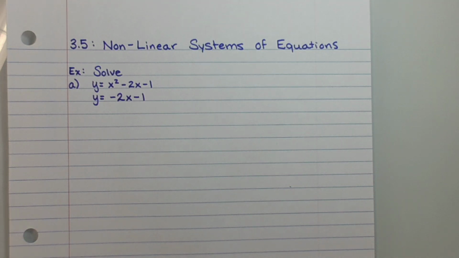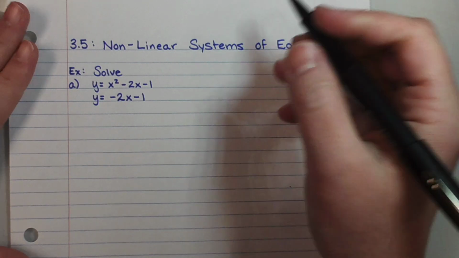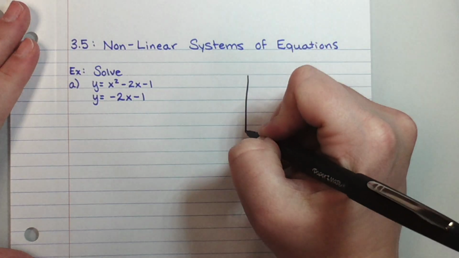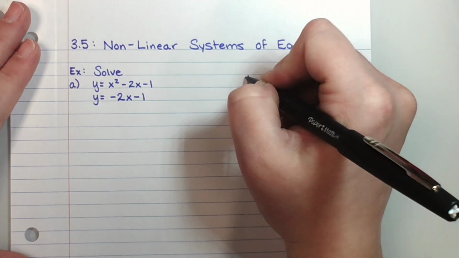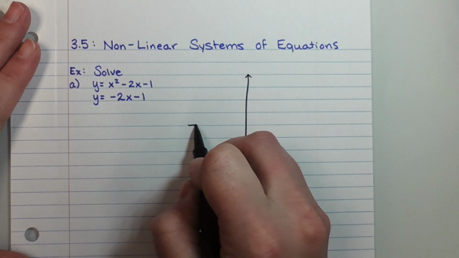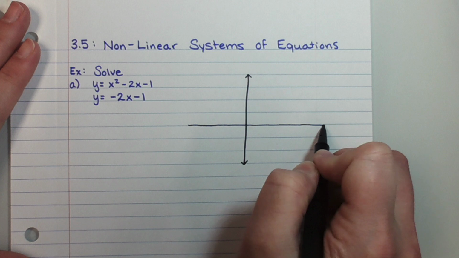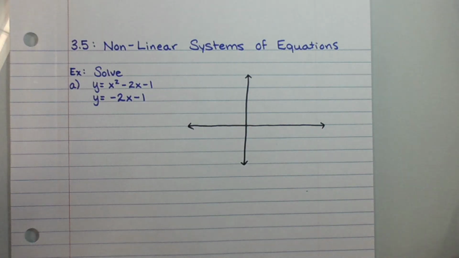Let's say, for example, I have this system of equations. I want to solve it by graphing. So I'm going to make myself a little graph. And I'm going to graph each of my equations.